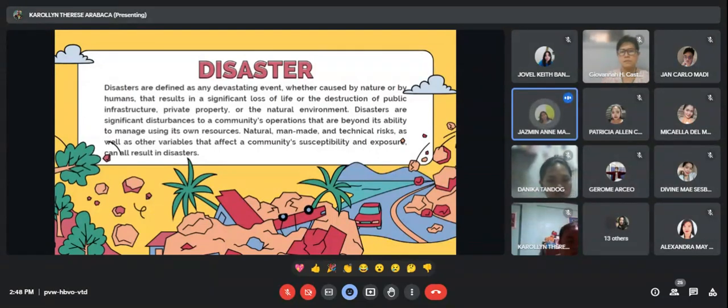So disaster are significant disturbances to a community's operations that are beyond its ability to manage using its own resources. So this means that the impact of the disaster is so severe that it overwhelms the community's ability to respond and recover without external assistance. So natural, man-made, and technical risks, as well as other variables that affect a community's susceptibility and exposure, can all result in disasters. Next po.